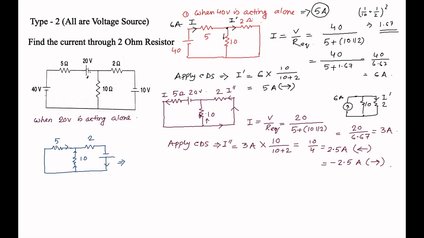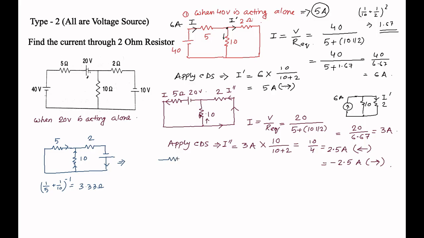So 5 and 10 are in parallel: 1 by 5 plus 1 by 10, and take the reciprocal. Its equivalent resistance, plus 2, gives 3.33 ohm. So what is that?